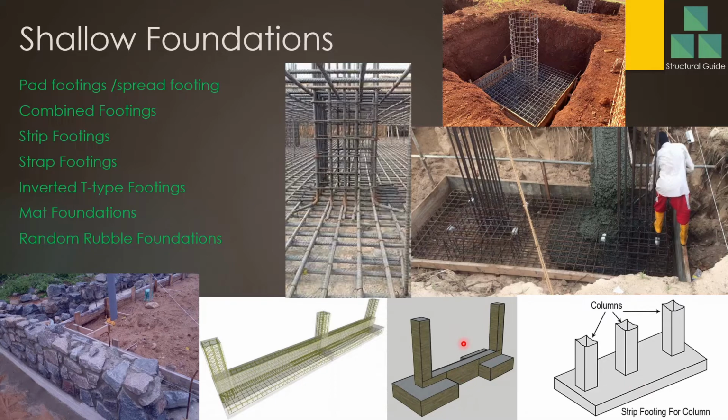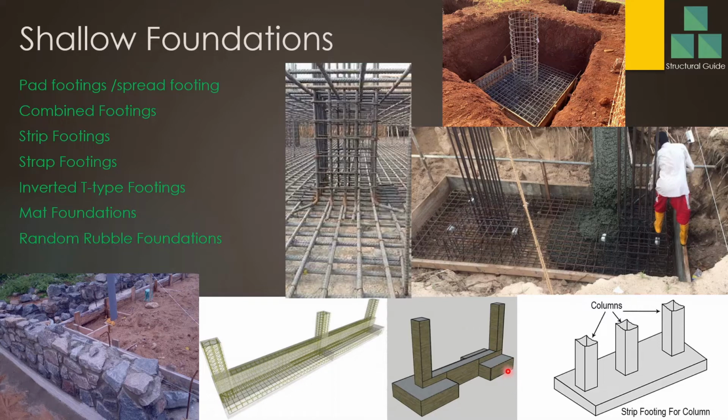Then let's discuss the strap footing. This is a special type of footing like a combined footing. We can say it's a kind of combined footing, but there's a special feature in there. You can see in this footing the column is located at the edge of the footing. In a spread footing, when you locate the column at the edge of the footing, additional stresses develop at the edge.